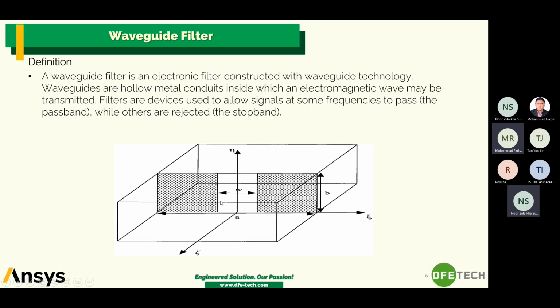Filters are devices used to allow signals at some frequency to pass, which is the passband, while others are rejected, which is the stopband. You can see from the picture one of the theoretical designs for a waveguide filter with the dimensions.